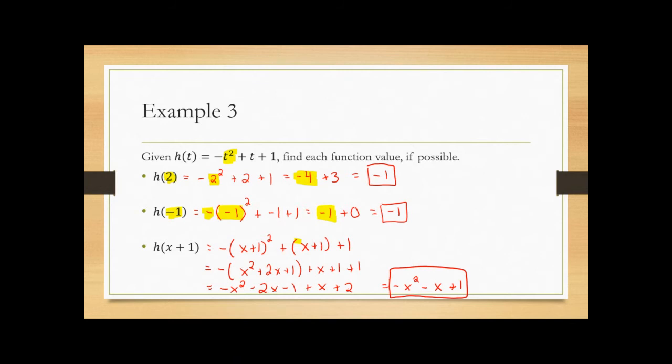So here our function is called h, and the t is just telling us that our input variable is t instead of x. So it's the same, it's function notation, even though the letters are completely different, you want to look at the pattern of how they're written. So I could use anything, and when we plugged in x plus 1, what we were doing is switching variables, switching from t to x in a way.